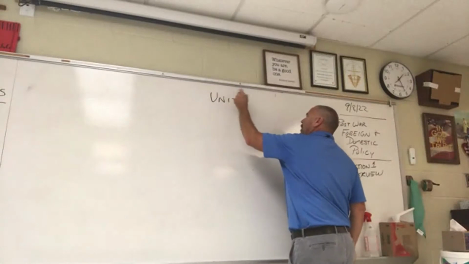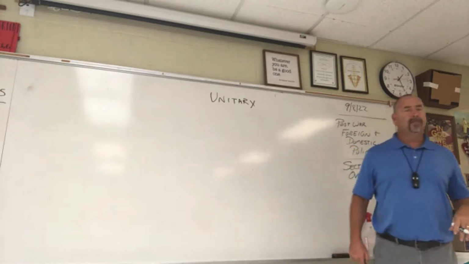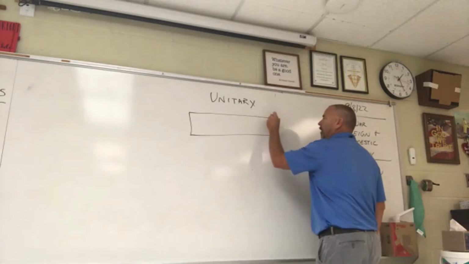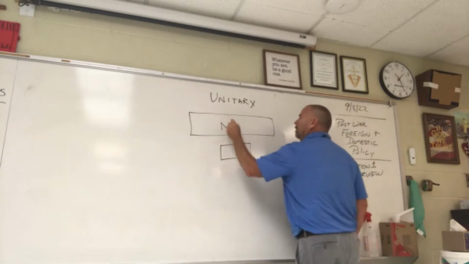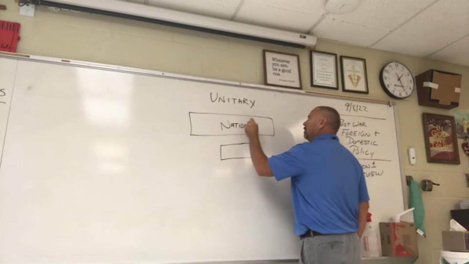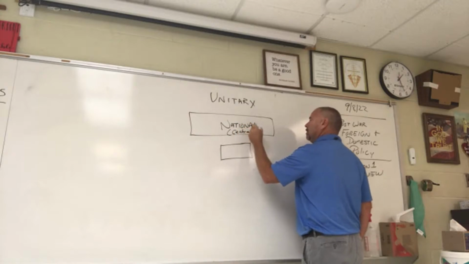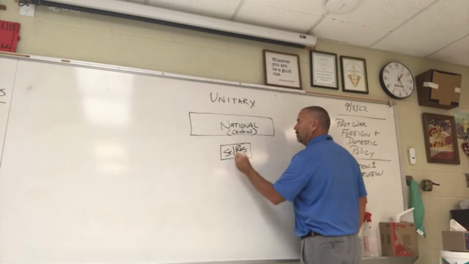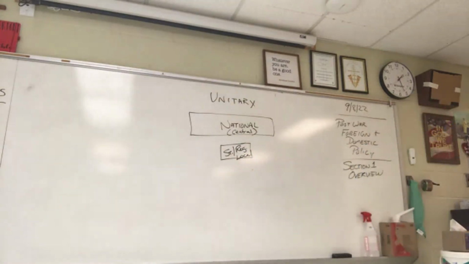The first form we're going to talk about is called unitary government. I'm going to draw a little graphic here. Okay, unitary system. So these are all systems.